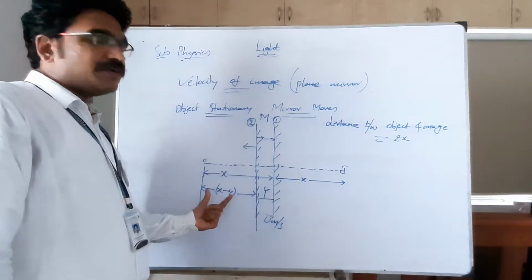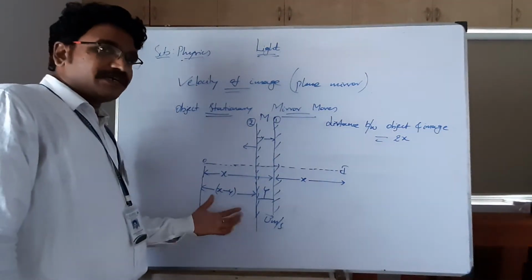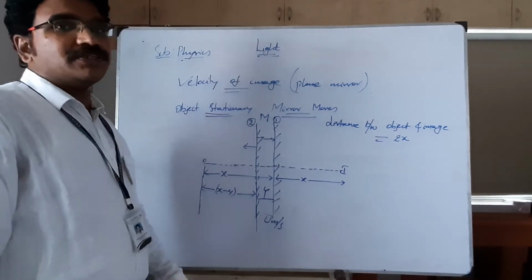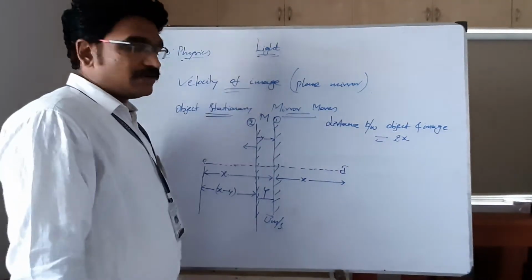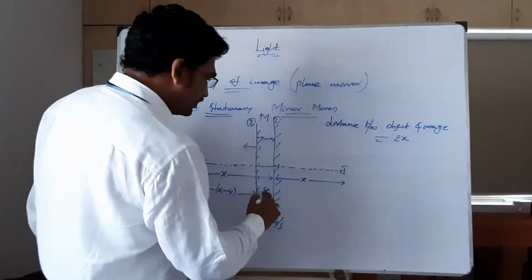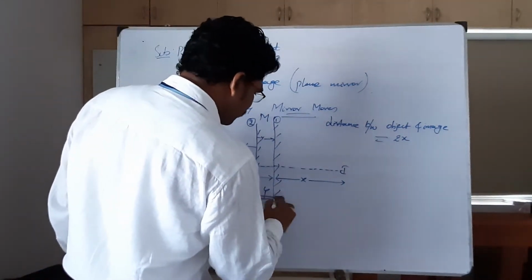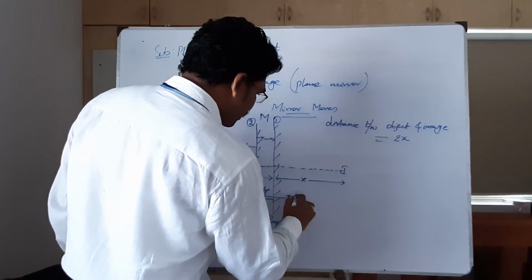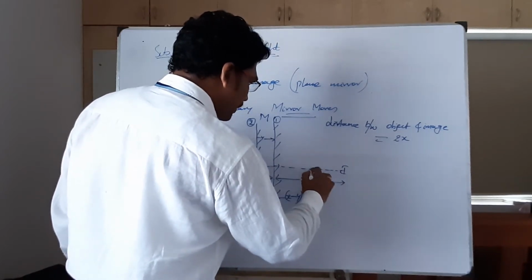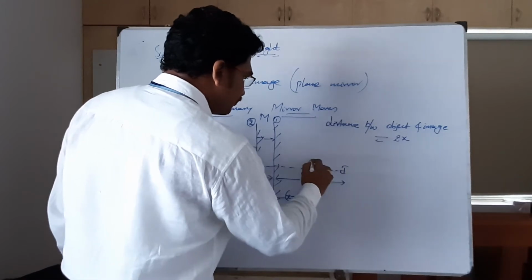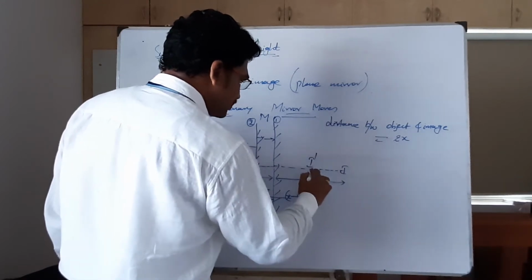So what is the object distance? x minus y. When object distance is x minus y, then what is the image distance? x minus y, no doubt, because object distance equals image distance. So from here it will be x minus y. Now this is the image.